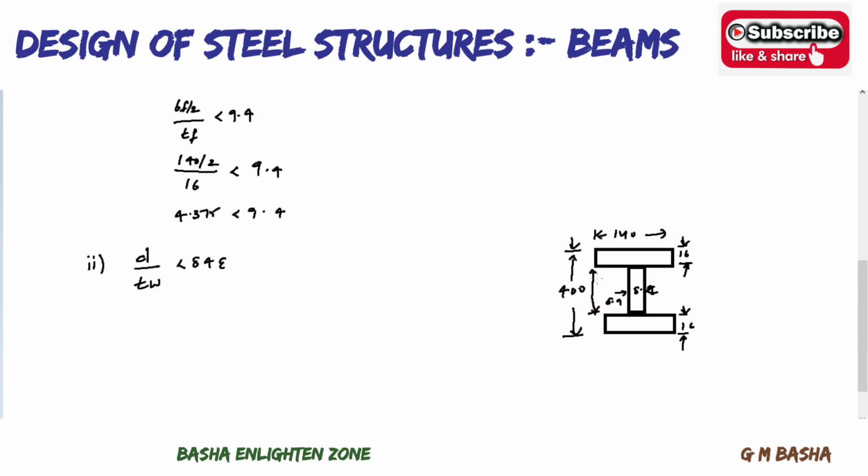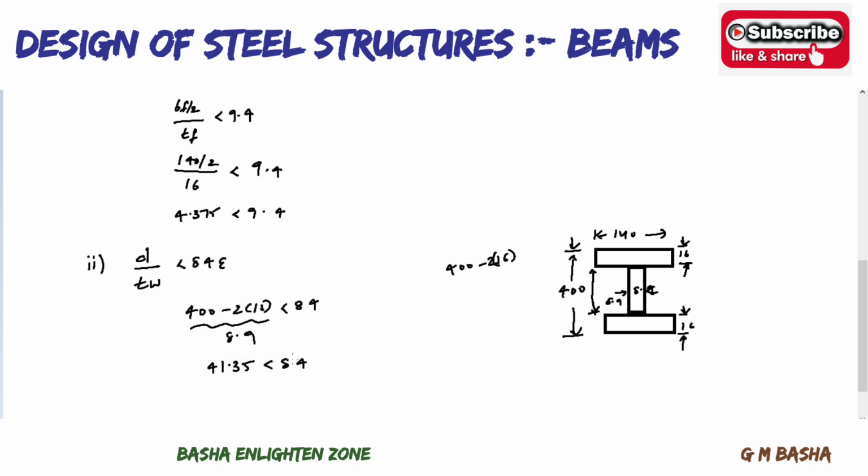So I am taking 400 minus 2 times the flange thickness, 2 times 16, which gives the overall height of the web. So 400 minus 2 into 16, divided by the thickness of the web, 8.9, which should be less than 84. If you simplify, you get around 41.35, which is less than 84.